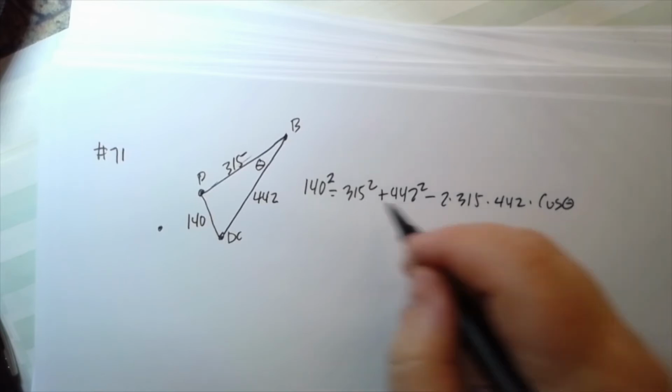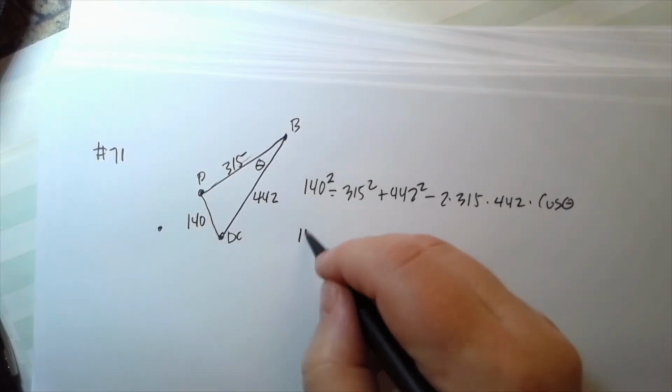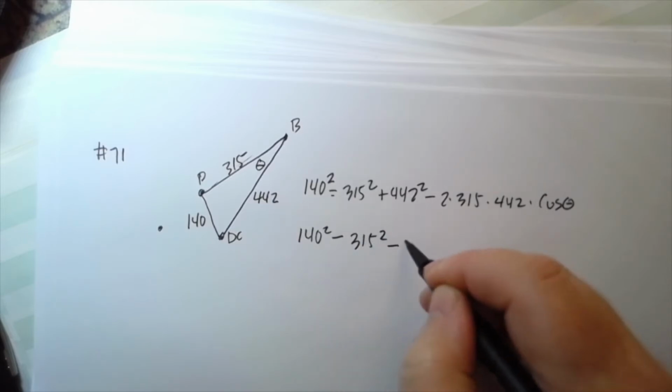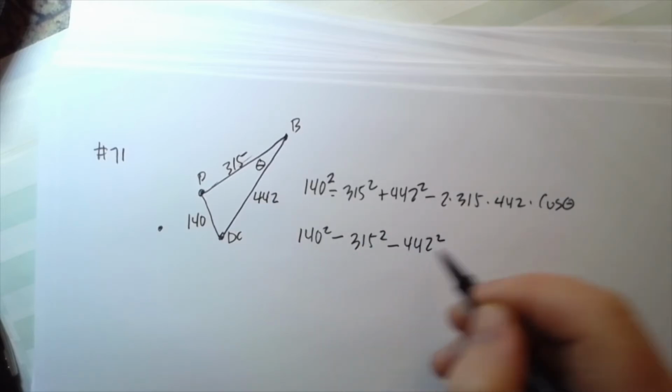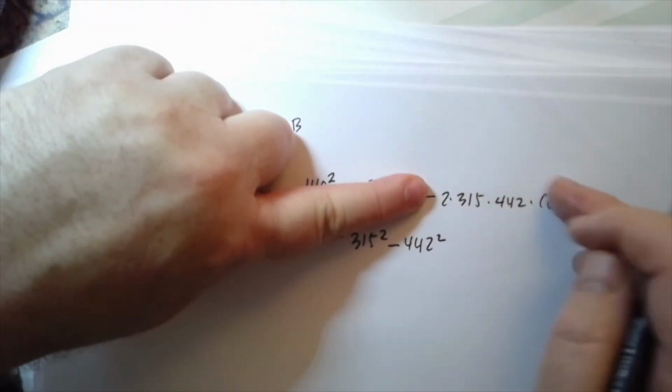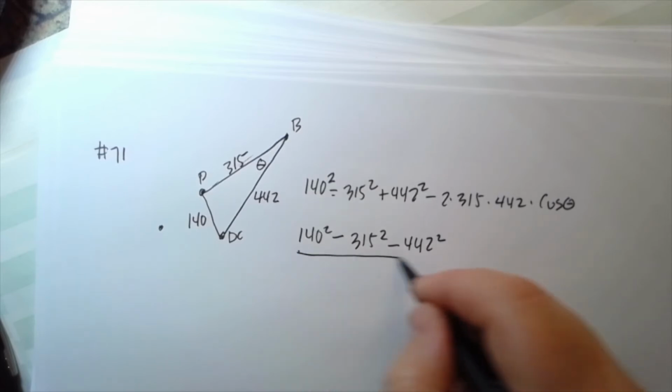So I solve this for cosine theta, so I subtract these off. So I have 140 squared minus 315 squared minus 442 squared divided by, because that's going to subtract all this over, so I just have to divide by all this.